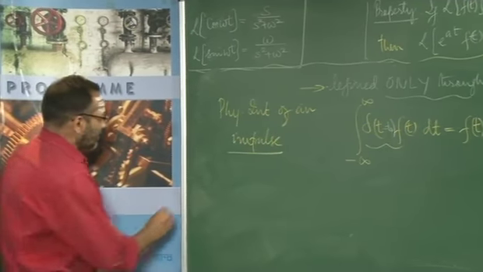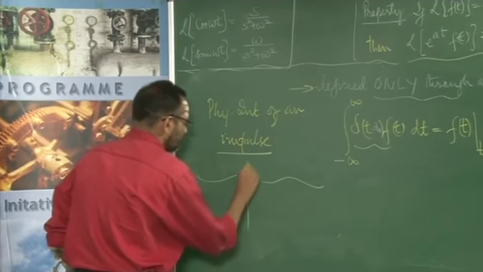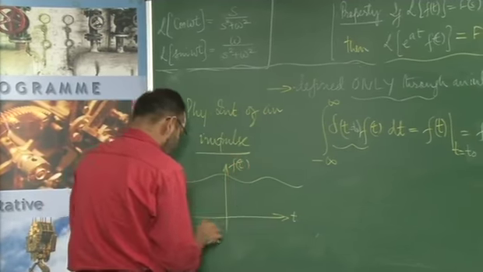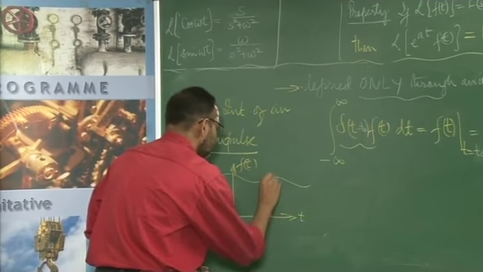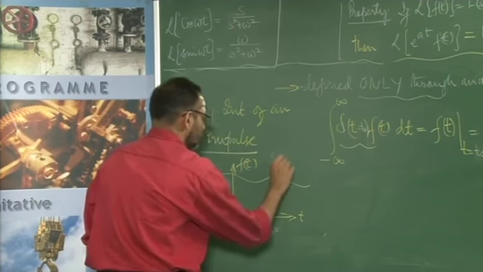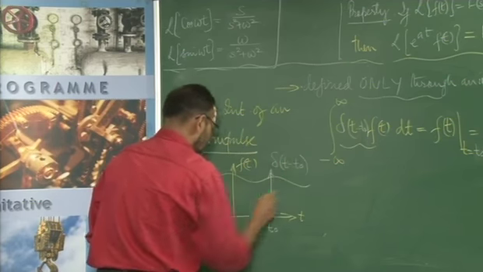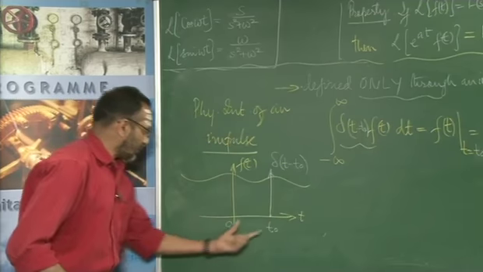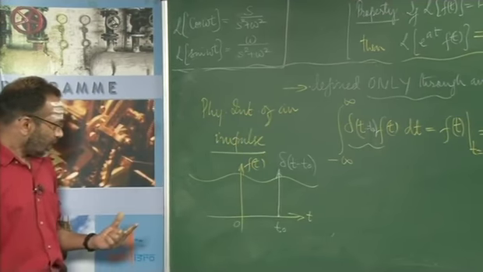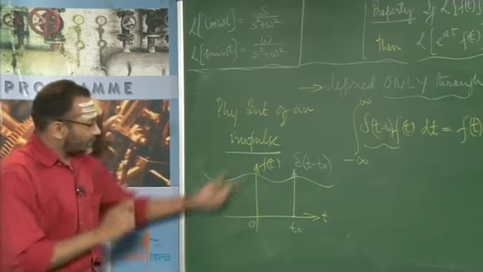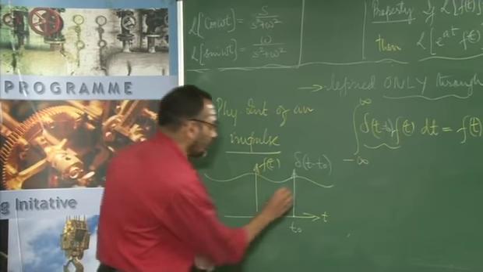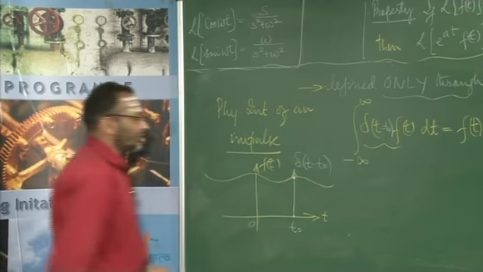Now, if I have a function like this, which is f of t, and if I have an impulse here, delta, if this is t naught, then this is delta t minus t naught, this is the origin, it is shifted by t naught, it is a shifted unit impulse. If I have this, then through this integral, what we are getting is the value of this function at t equal to t naught.